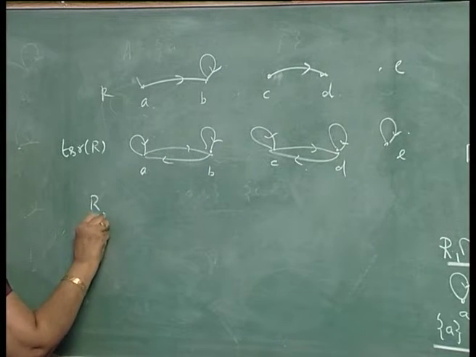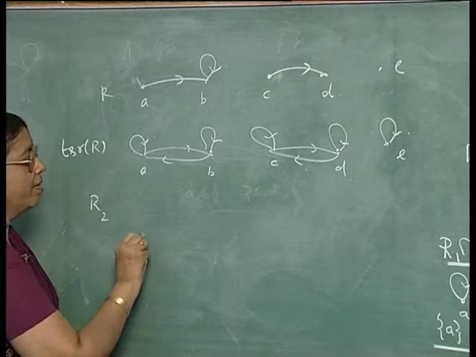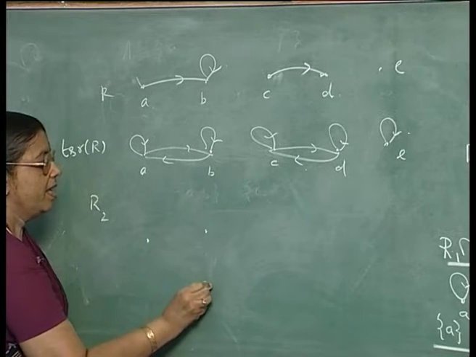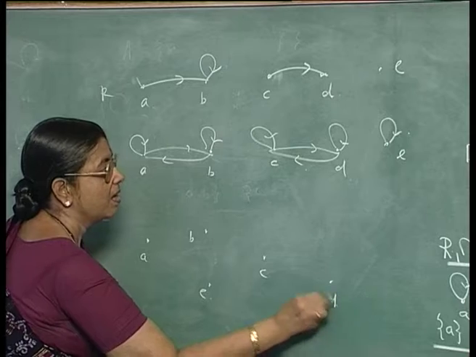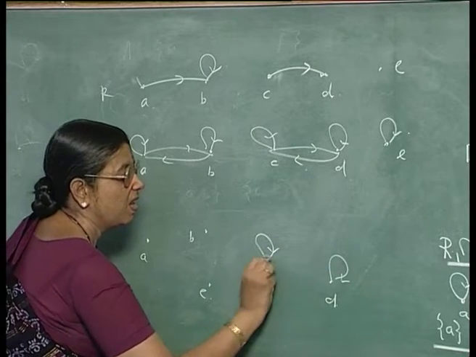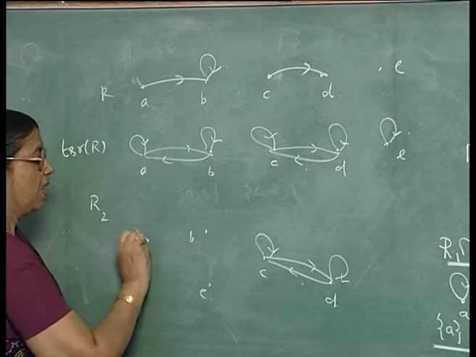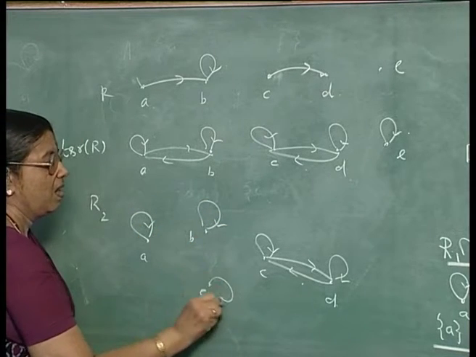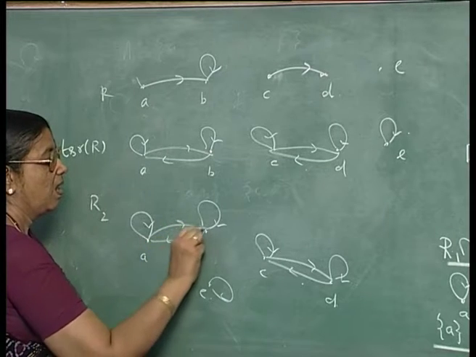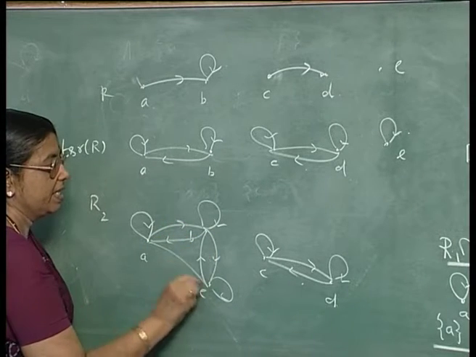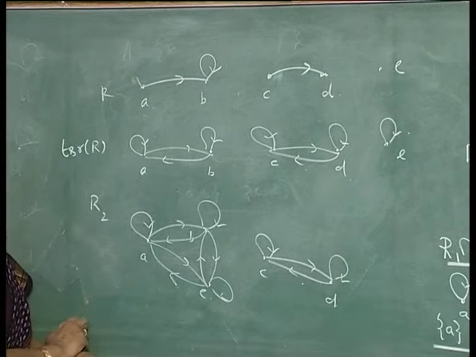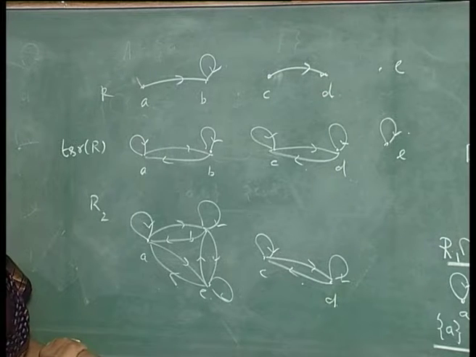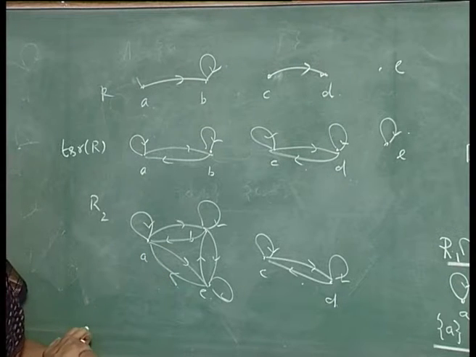Consider relation R2 where you have A, B, E and C, D. This is an equivalence relation because it is represented by a directed graph which has got components which are complete digraphs.